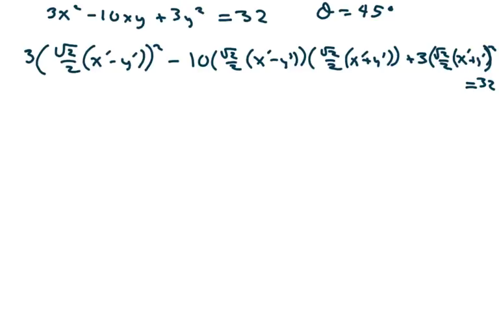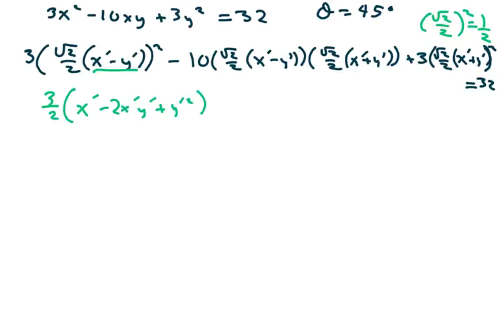Now, I'm going to go ahead and multiply through. Remember real quick that square root of 2 over 2 squared equals 1/2. That helps you out a lot. So when we do this, we're going to get 3 over 2, and then I'm just going to expand that. It's x prime squared minus 2x prime y prime plus y prime squared. And then 1/2 of 10 is 5. And then I'm just going to use my a minus b times a plus b, and we're going to get a squared minus b squared.